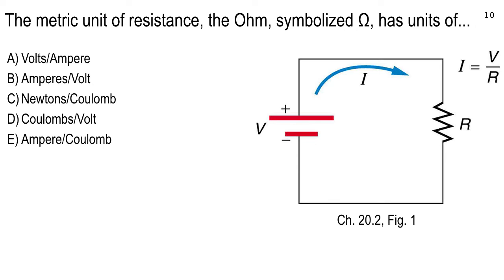Metric unit of resistance, the ohm. Twenty seconds. This one should be like bing. 10 seconds. 10, 9, 8, 7, 6, 5, 4, 3, 2, 1, 0.